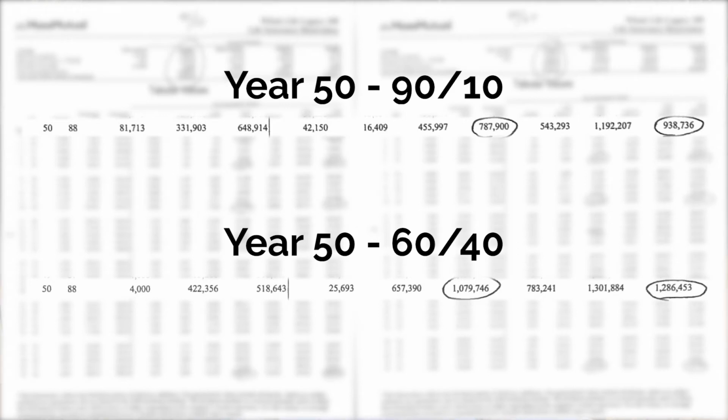On the 40-60 split, if he would have gone with this illustration, he would have $1,079,746 that he is able to loan out from his policy. Do the math on that. That's almost a $300,000 difference. 300 grand. That's a big difference.